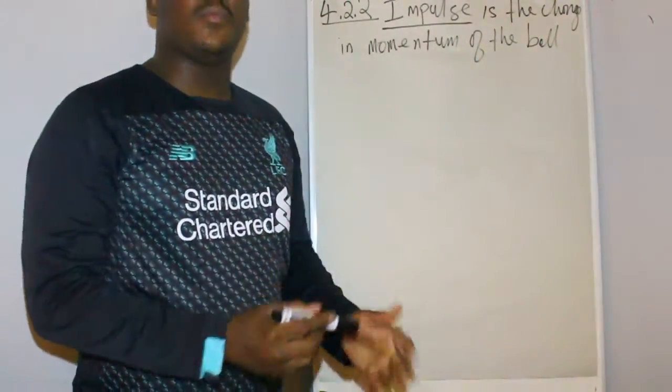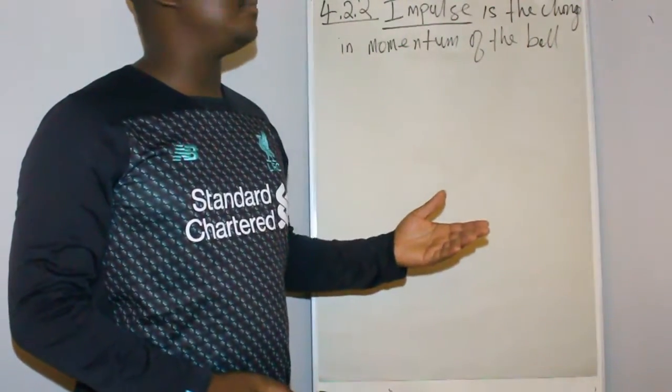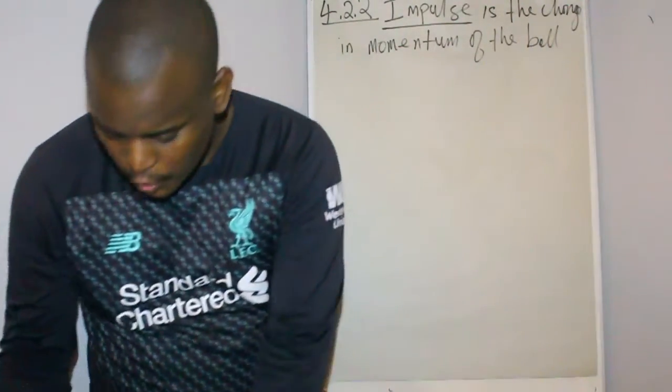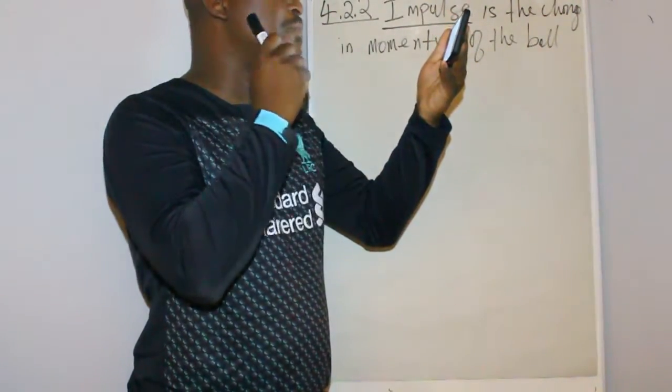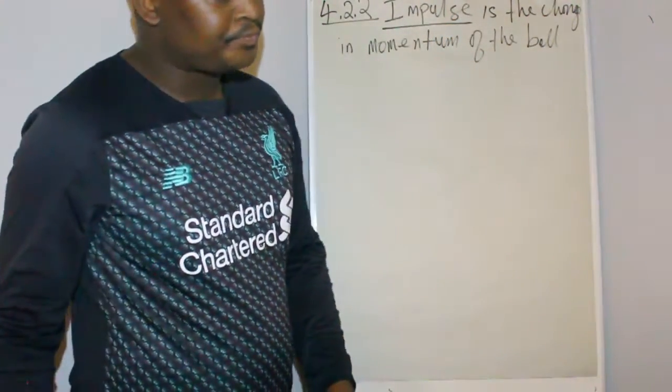What causes the change in momentum? In this case, they're saying calculate the magnitude of the impulse on ball P during the collision.